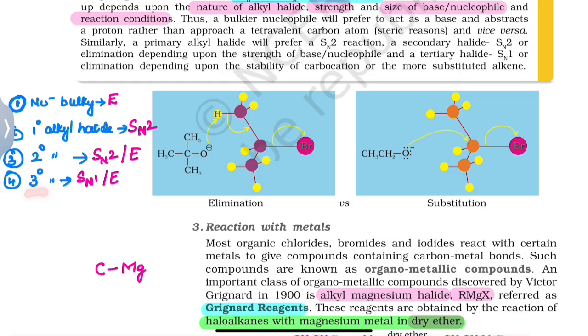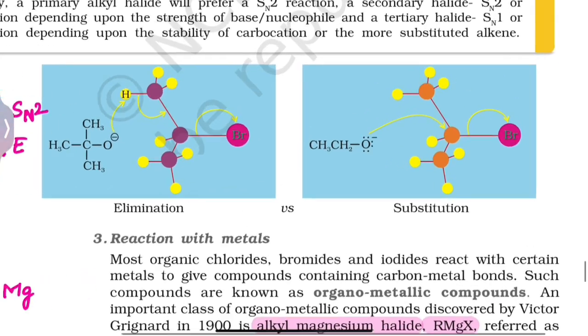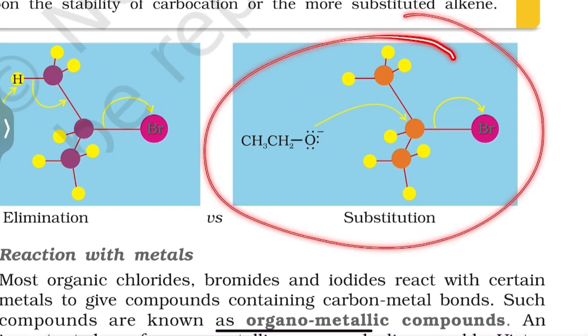If it is tertiary alkyl halide, it can be SN1 reaction or it can be elimination reaction. So it depends upon the stability of carbocation or the stability of alkene which is formed. Depending on that, you have to choose whether it undergoes elimination reaction or nucleophilic substitution reaction.